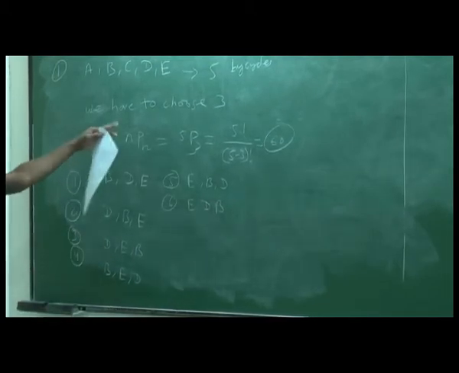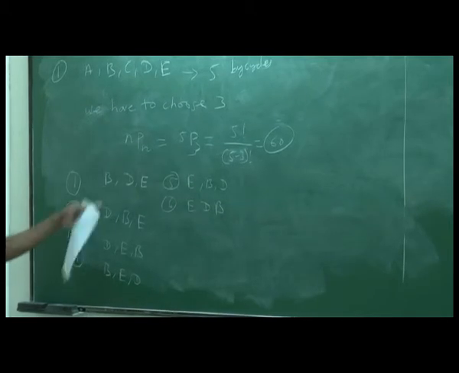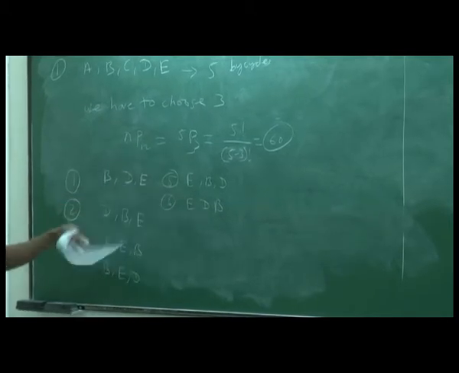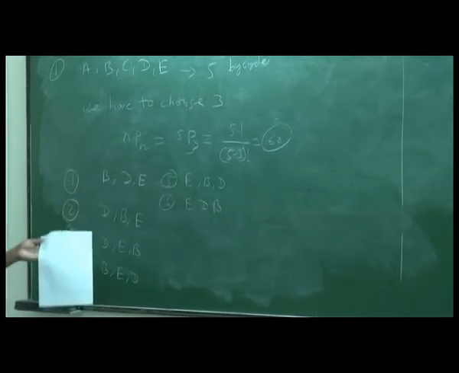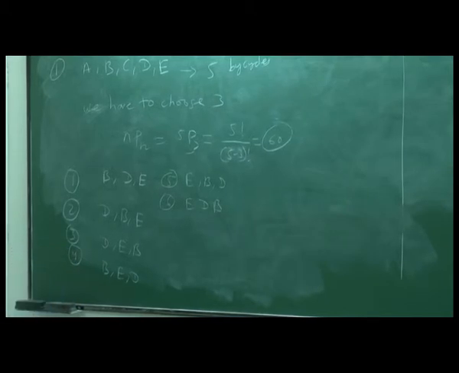We have to choose 3 bicycles anyway. It doesn't matter whether we first choose B or D; we have to choose 3 bicycles only. So 10 ways.